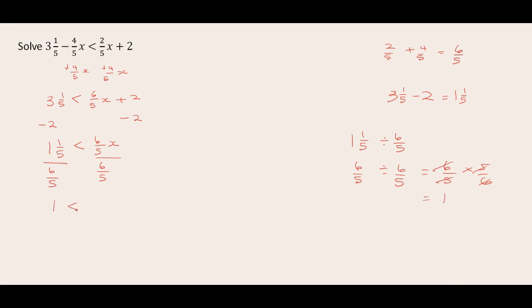So 1 is less than x, and therefore, we're going to switch the variable and the constant. So that means x and then 1, and because it's less than, we're going to change this to greater than. So this is 0, this is 1, x is greater than 1.